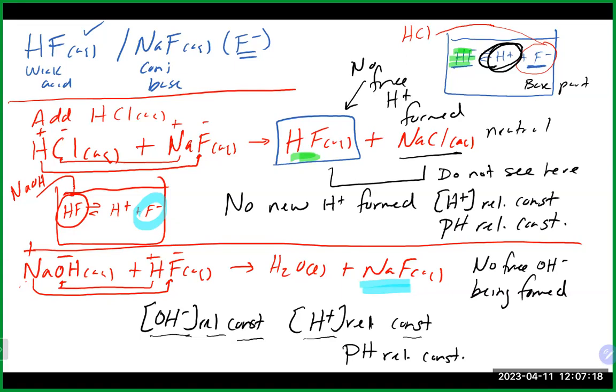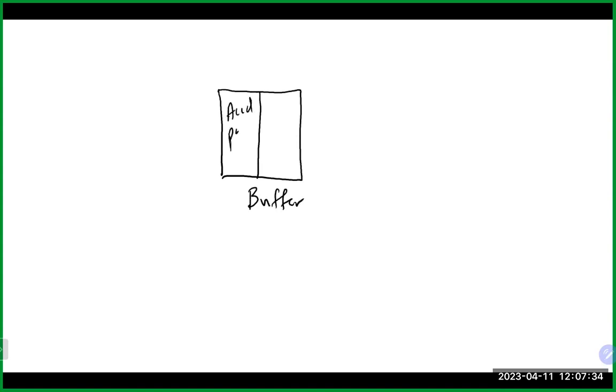So sometimes you could think of a buffer sort of like this. If this is sort of our buffer, and it has, again, an acid part and a base part. When we add additional acid to it, it is going to react with the base part, but it will make some more of the acid part.